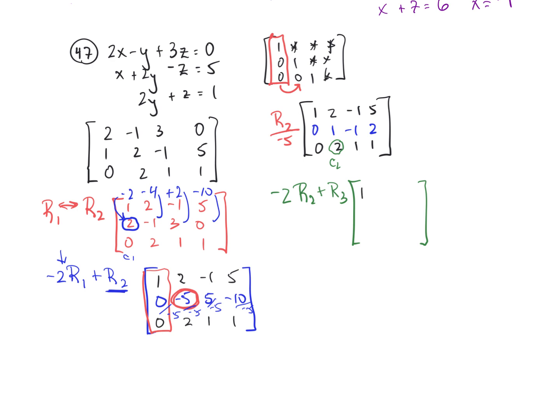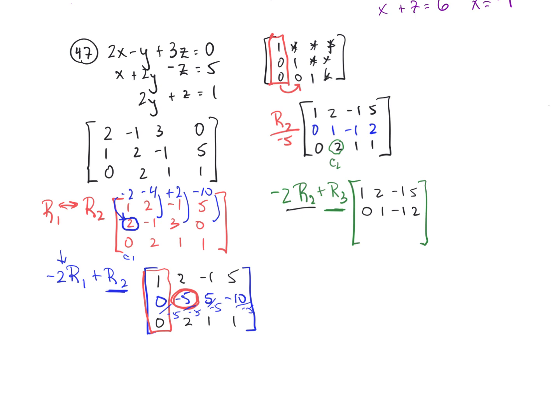So row 1 didn't touch it. Row 2 is mentioned first, so that's not going to change. What is going to change is row 3. That's what we wrote second. So how is that going to change? I'm going to go up here and multiply my blue row, row 2, by -2, and then add that to row 3.